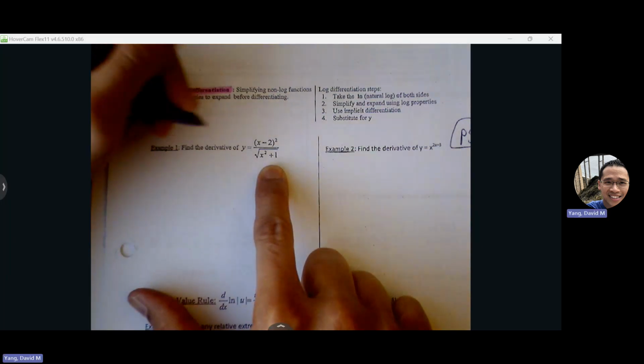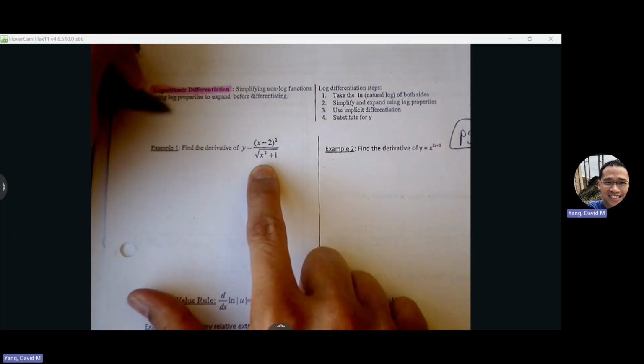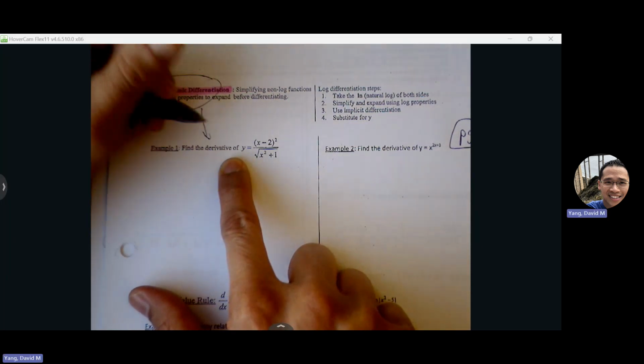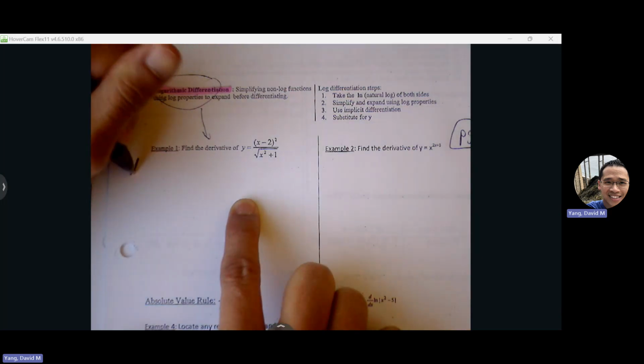So here's number 1. The instruction is find the derivative using log differentiation. So first step, take the natural log of both sides, force the equation to turn into a natural log problem.